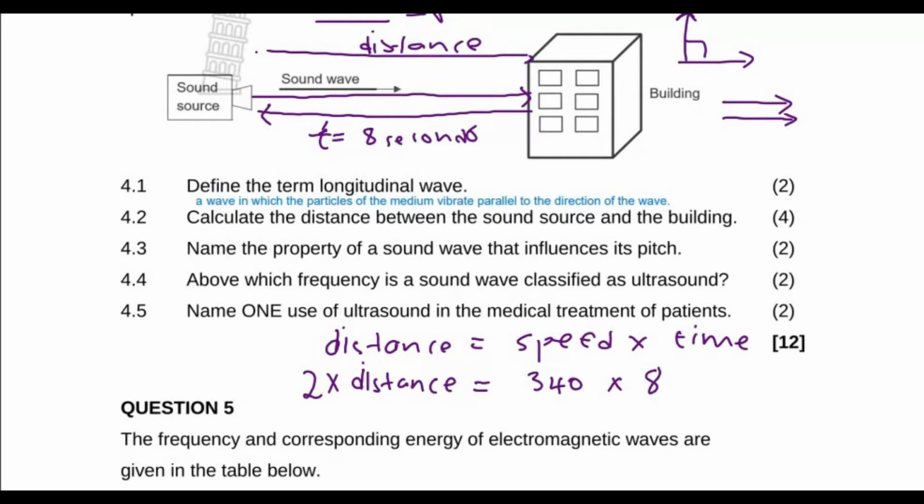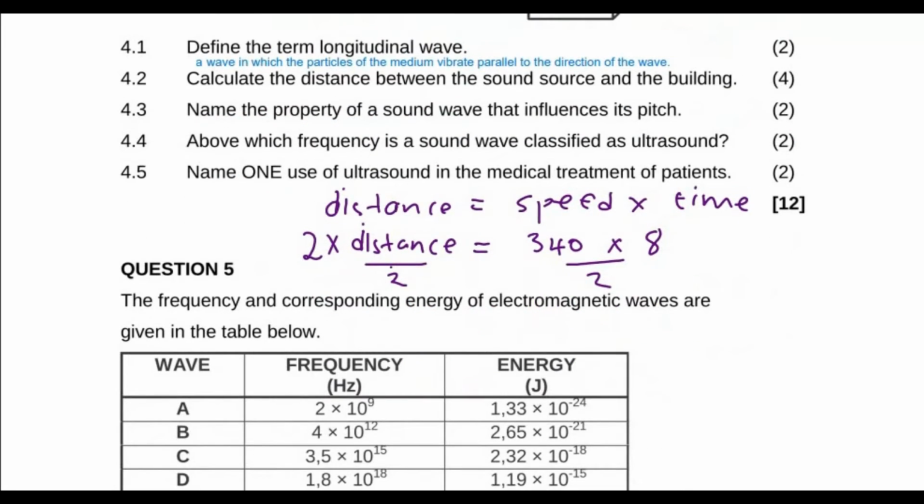The time was 8. And then to make distance the subject, we just divide both sides by 2. What you do on the right, you also do on the left. As mathematics, this 2 will cancel this 2, such that the distance equals 340 multiplied by 8 divided by 2.